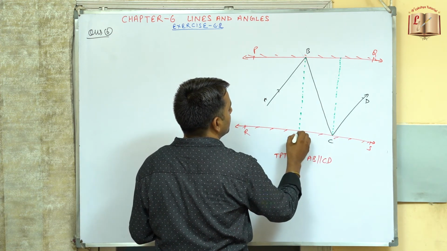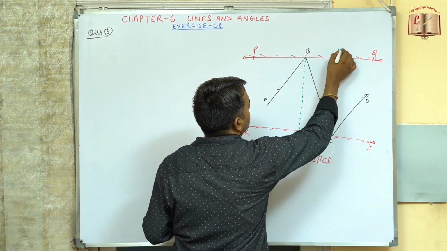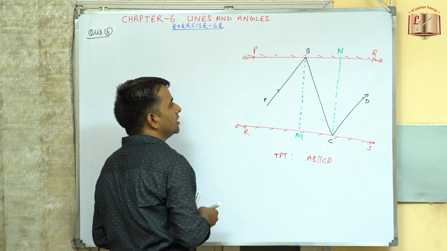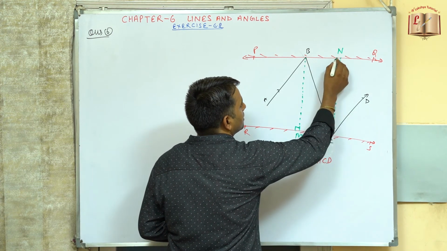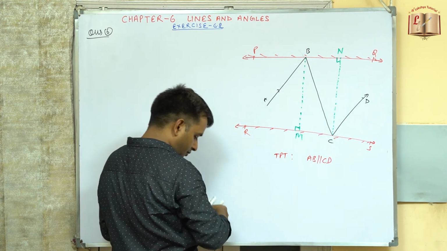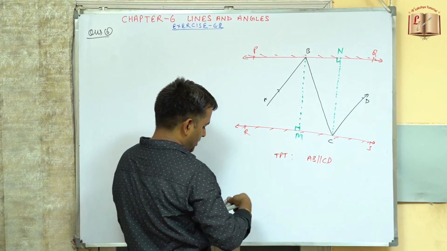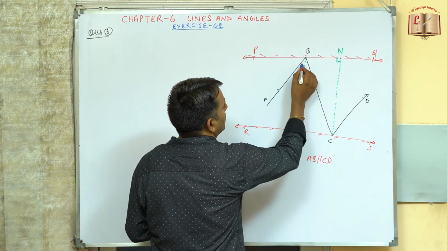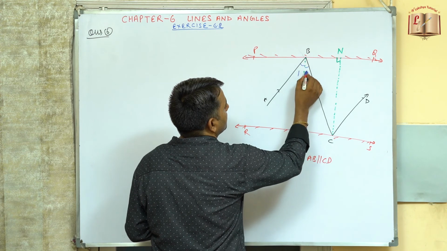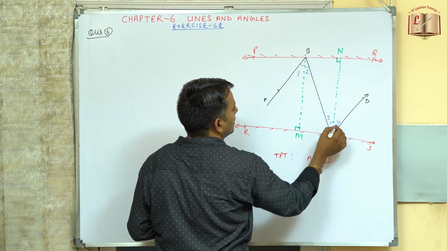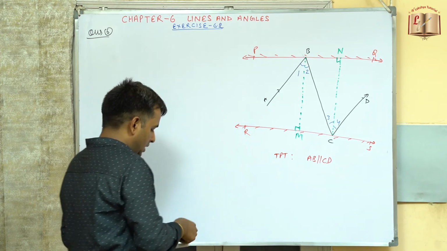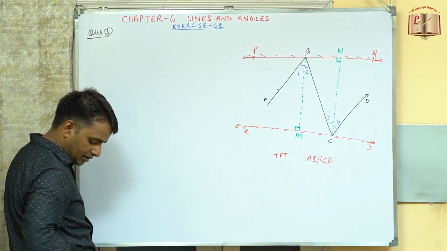Suppose this is point M and this is point N. These are the normals, so a normal will be perpendicular to the surface. Again we will mark these angles. Suppose this is angle 1 and this is angle 2, this is angle 3 and this is angle 4. We have marked these angles also.